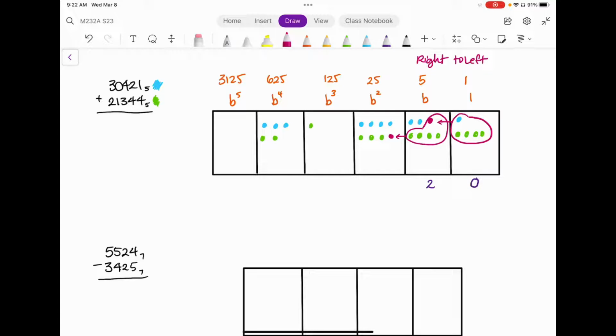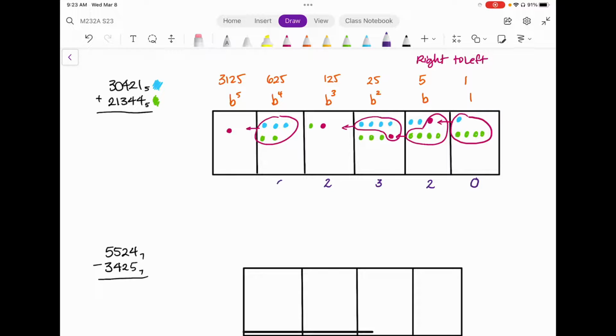Moving to the next box, I look for a group of 5. I have a group of 5. I'm going to move those over into the next box as a single dot, and then I have 3 remaining. In this next box, I only have 2. I don't have any groups of 5, so I drop down my 2. Moving over again, I have 5 dots. I'm going to represent those as a single dot in the next group over.